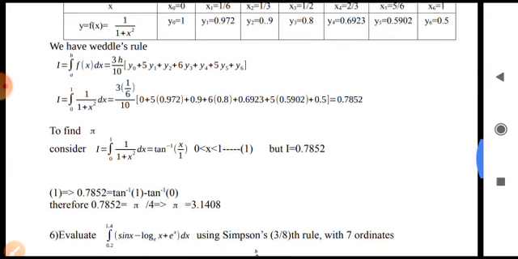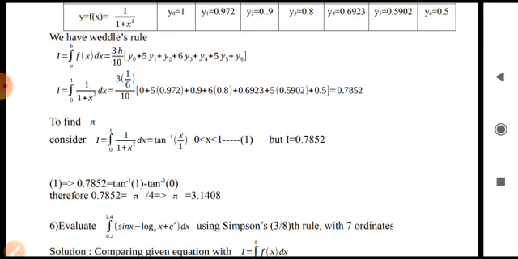Now the second part, we have to find an approximate value of pi. For that, consider I equal to integration from 0 to 1, 1 by 1 plus x square dx.